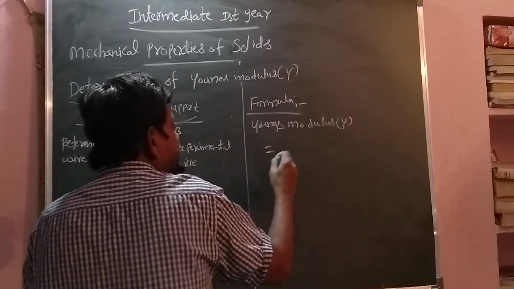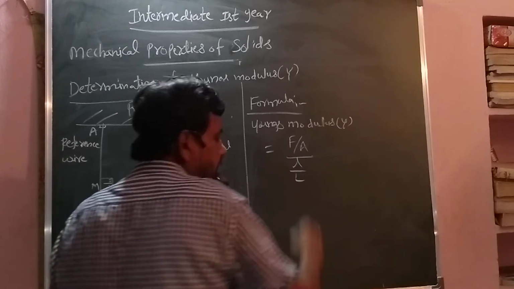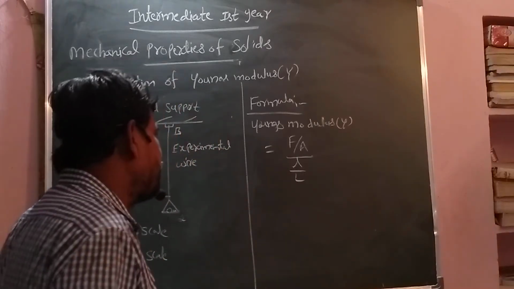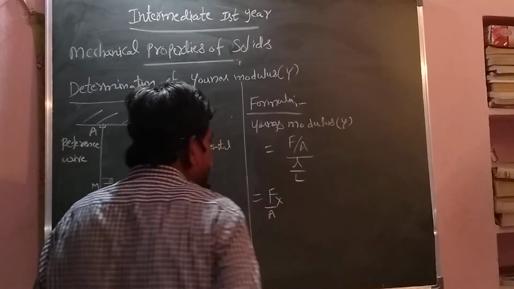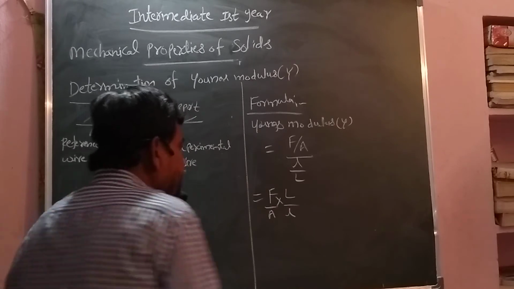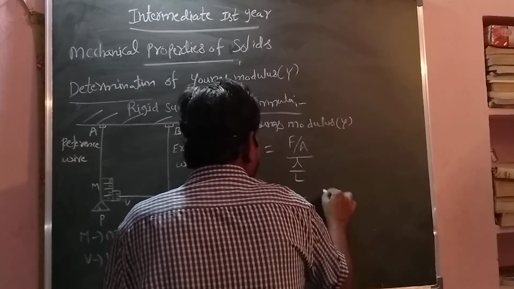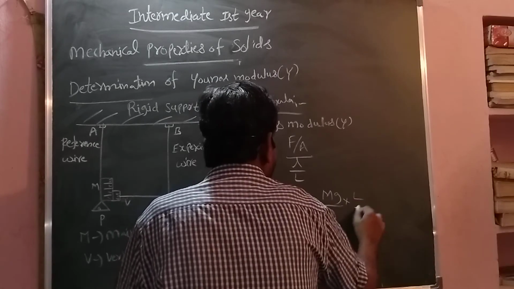So you write this again as F by A into capital L by small l. What is F? mg. So I write this as mg by A into capital L by small l. This is equal to Y. So Y equals mg by l into L by capital A.